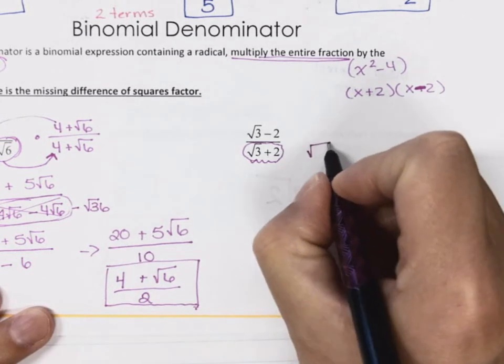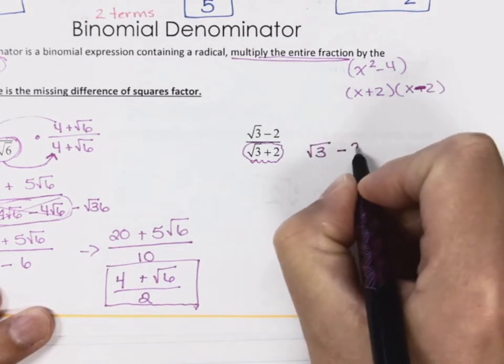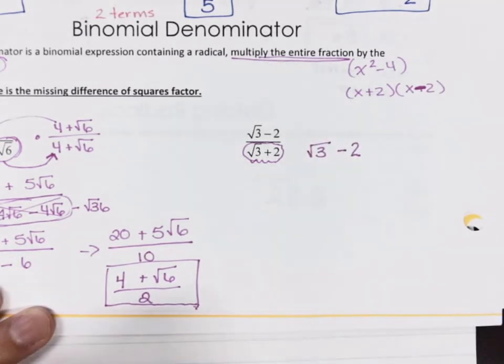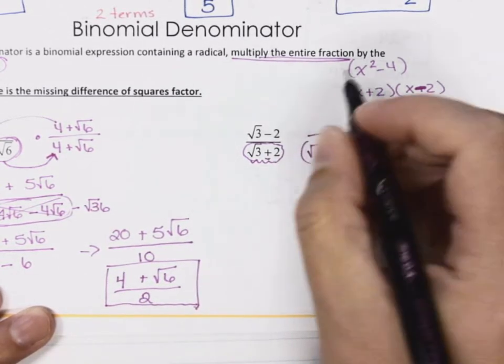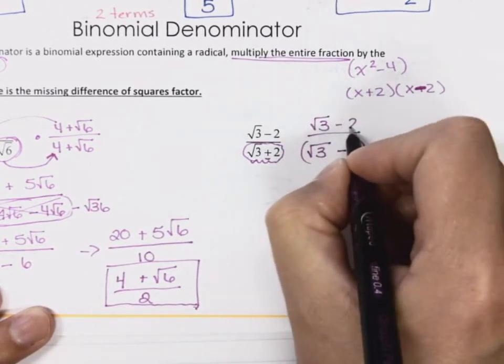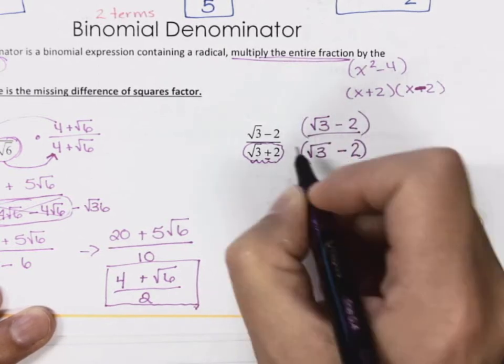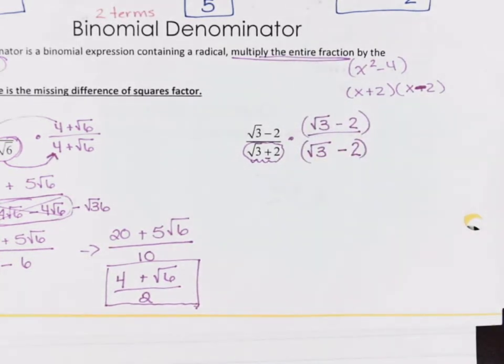So it's going to be root 3 minus root 2, right? Because this one has the add in it. And the top and the bottom of this fraction have to match. Okay. Root 3 times root 3, root 9.